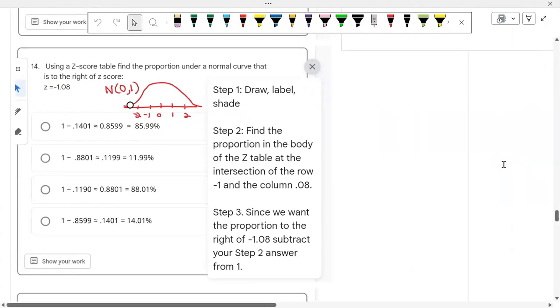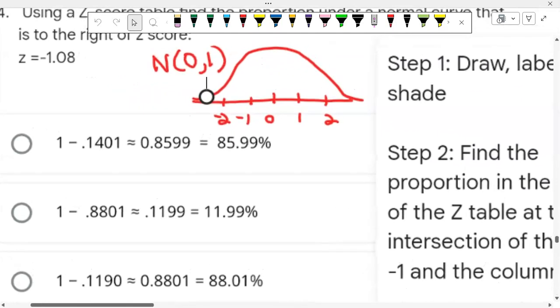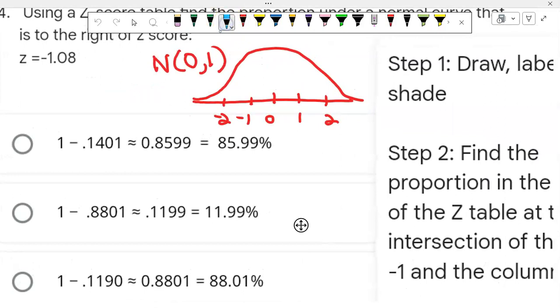Okay, now it says using the Z-score table, find the proportion under a normal curve that is to the right of the Z-score -1.08. Okay, so if I go to that location again, this would be -1. So we're talking, maybe about there.